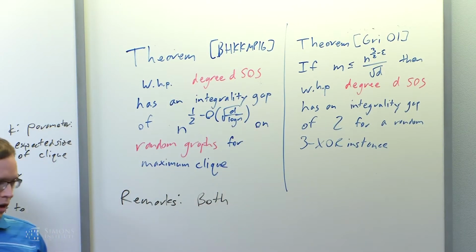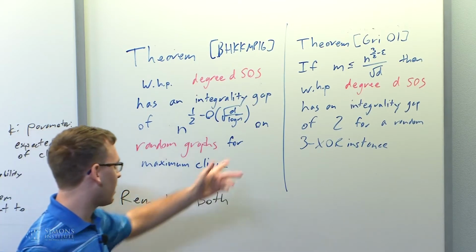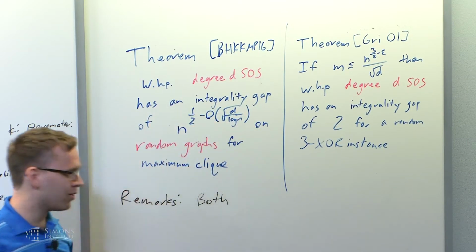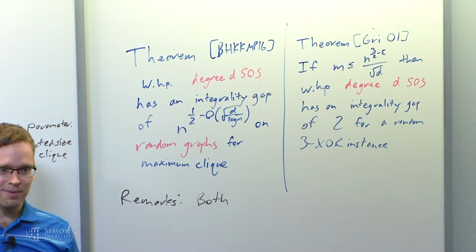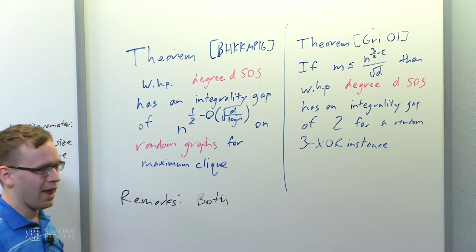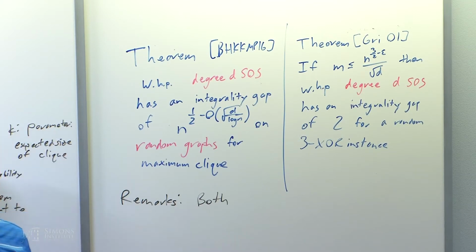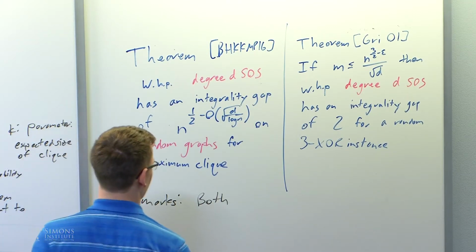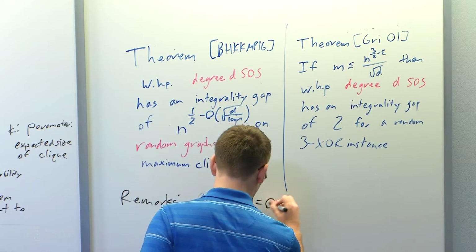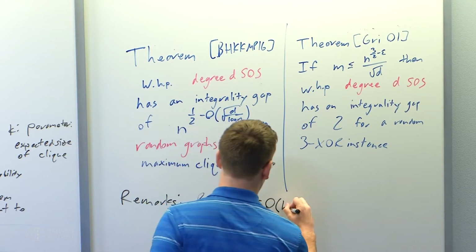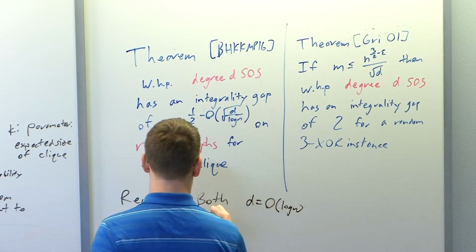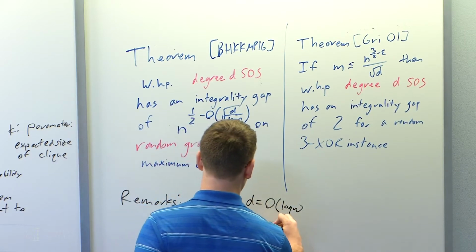Okay. So in particular, at d equals log n, then there's no longer a lower bound, which is good because, as I'll describe now, at d equals constant times log n, the problem is easily solved. So both d equals O of log n and the square root of n are tight.